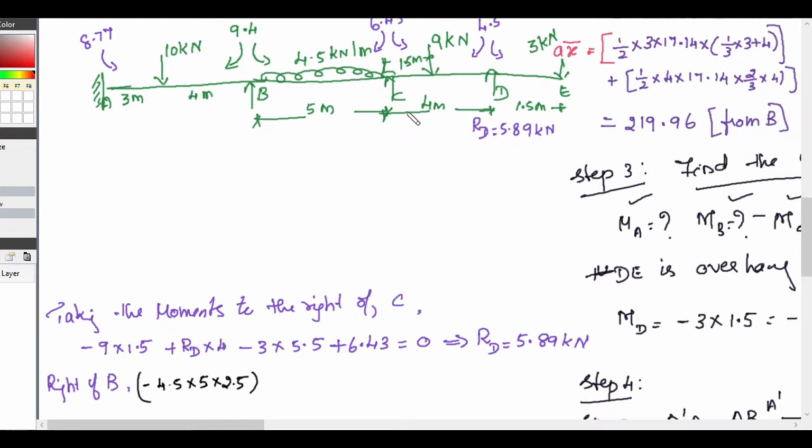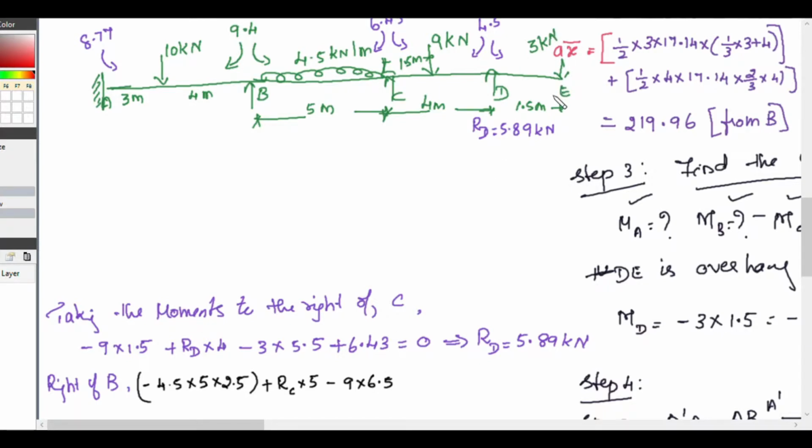Now we have RC, so plus RC into 5. Now we have a 9 kilonewton, so minus 9 into 5 plus 1.5, so 6.5. Minus 9 into 6.5.